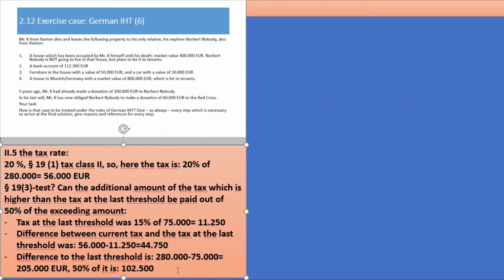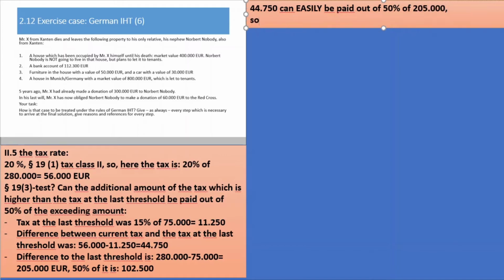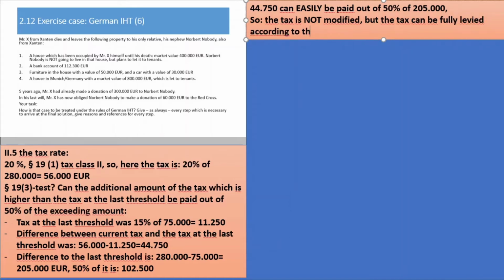And now it seems to be clear that 40,000 can easily be paid out of 50% of 205,000. So the tax is not modified, but the tax can be fully levied according to the tax tariff.